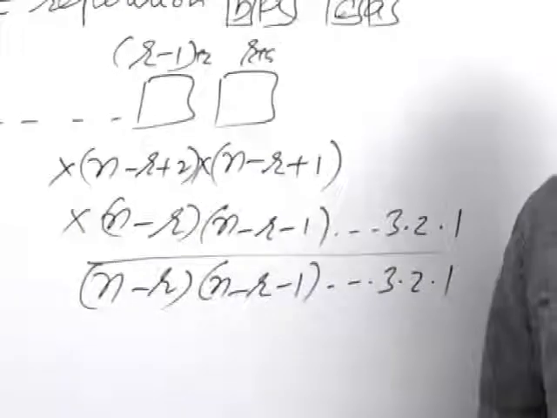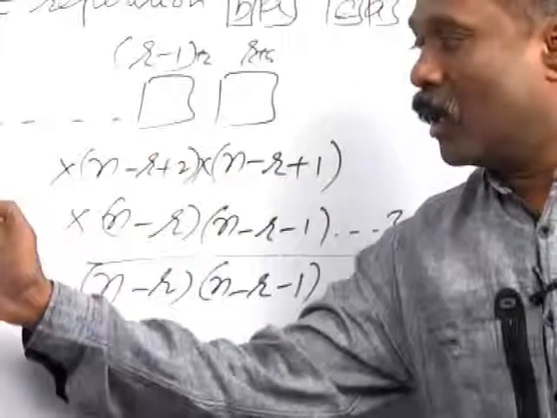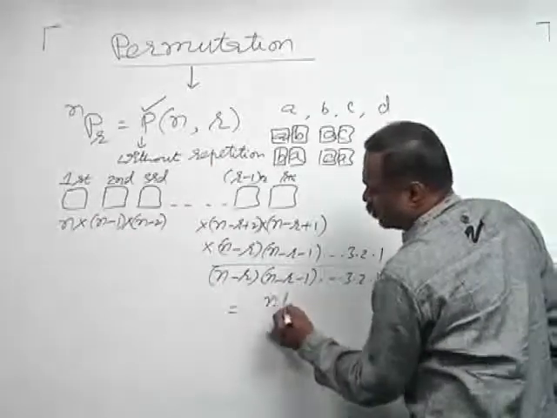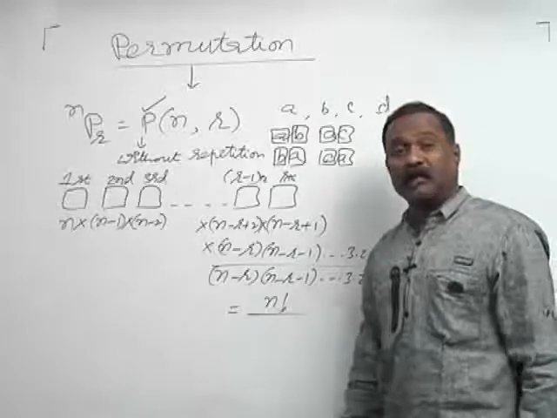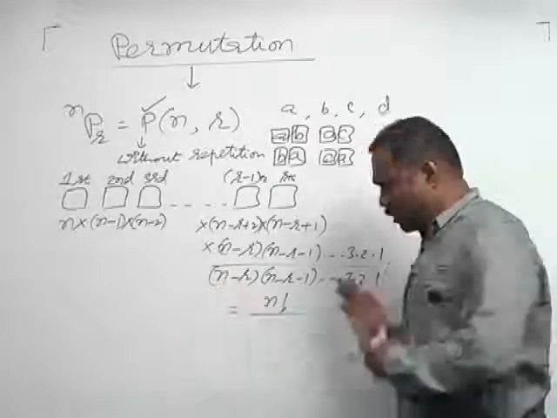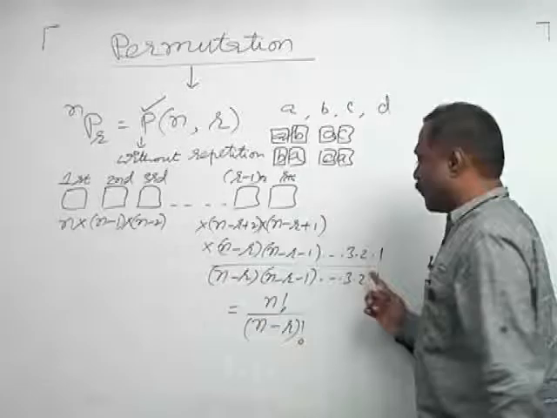Now, if you read the numerator, it is 1 into 2 into 3, and so on, into N minus 2 into N minus 1 into N, which is nothing but N factorial. Now, if you see the denominator, 1, 2, 3, and so on up to N minus R. It is also a consecutive product of N minus R numbers.